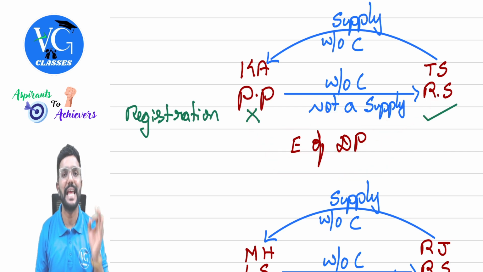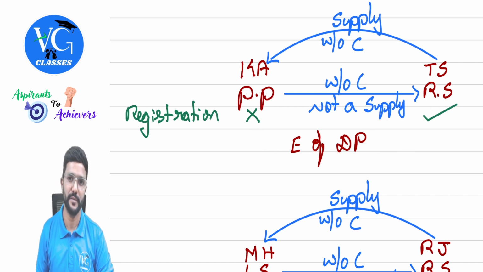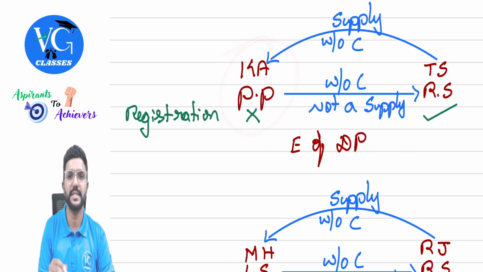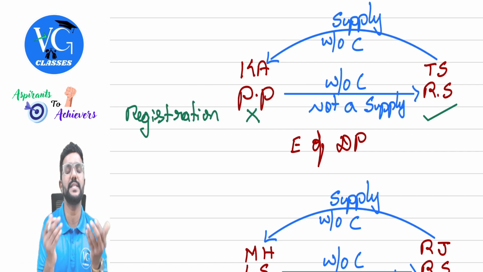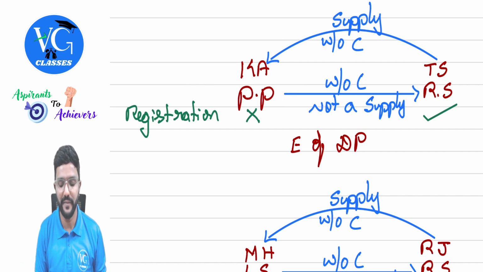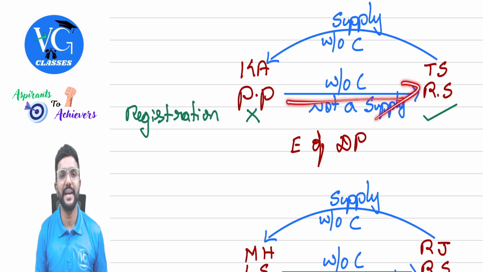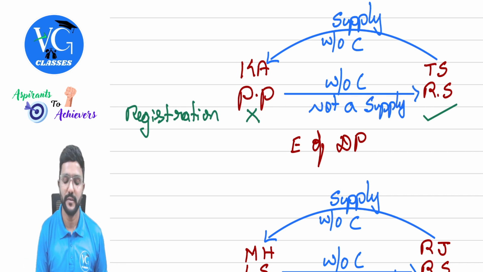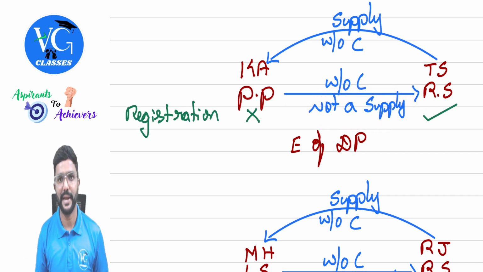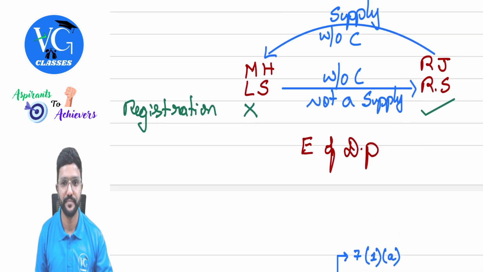Even though they are not registered, if any goods or services covered under GST are supplied between establishments of distinct person, even without consideration, it will be a supply. But when petrol was supplied, as it is outside GST, we don't treat it as a supply, guys.